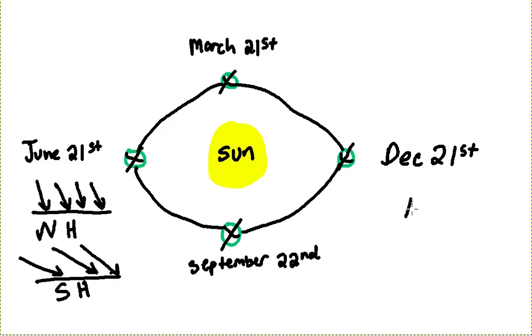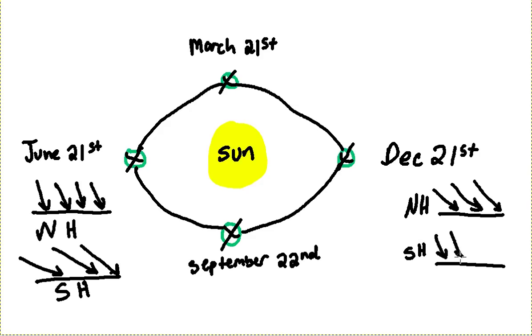Now over here, it's going to be the exact opposite. In the northern hemisphere, you're going to have the light rays more spread out, so I can only fit about 3 on this patch of land. And then in the southern hemisphere, since it's tilted towards the sun, our light rays are more concentrated, so I can fit 4 on one patch of land.